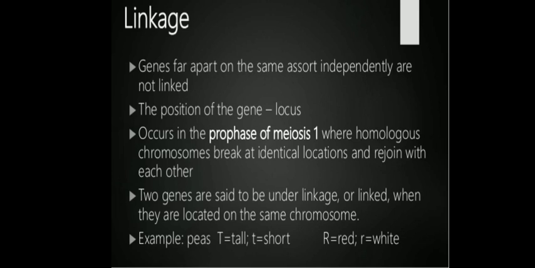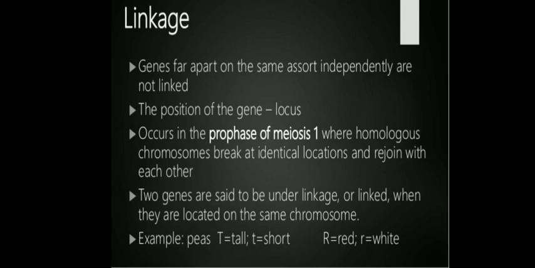When two or more genes reside on the same chromosome, they are said to be linked, and their transmission pattern is called linkage. Genes far apart on the same chromosome assort independently and are not linked properly.